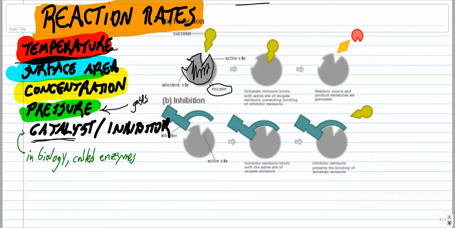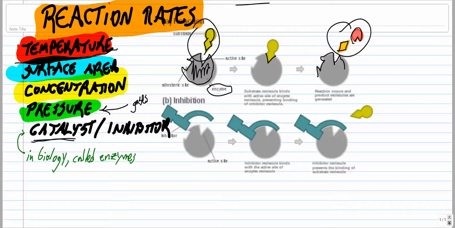But anyway, this enzyme's job is to grab this chemical and break it into these two pieces. Then the enzyme keeps the same shape that it had before, and it can go out and find more of these and do this to them.